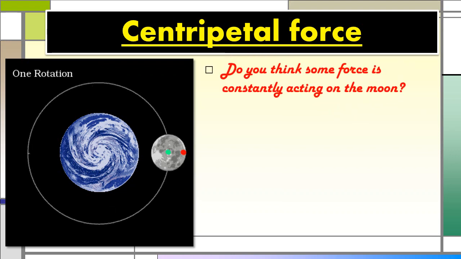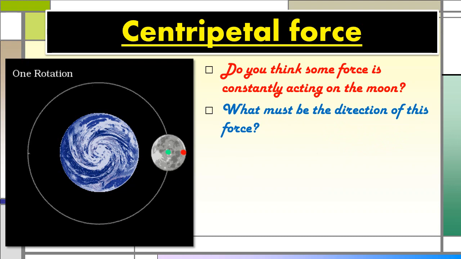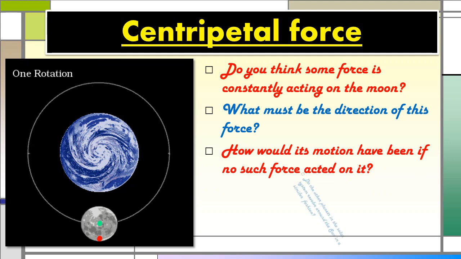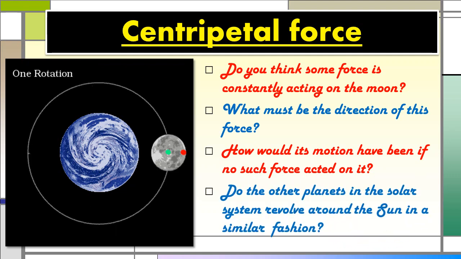And do you think some force is constantly acting on the moon? What must be the direction of this force, and how would its motion have been if no such force acted on it? Do the other planets in the solar system revolve around the sun in a similar fashion? Is a similar force acting on them? What must be its direction?